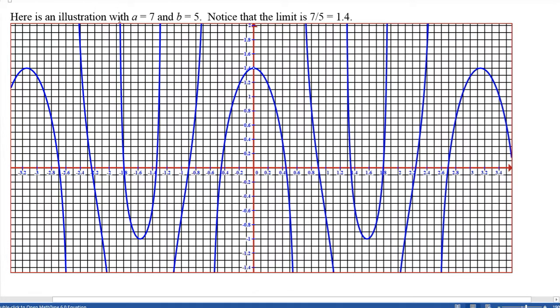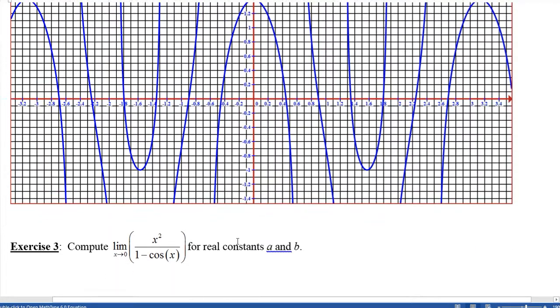It's decreasing, and then an inflection point in here, and then there's a little piece that's concave up with some vertical asymptotes, and this little piece is increasing, and so forth. But if you notice, it's undefined at x equals 0, but it has a hole in the graph. And sure enough, there it is, right there at 0, 1.4. So 7/5 is our limit.